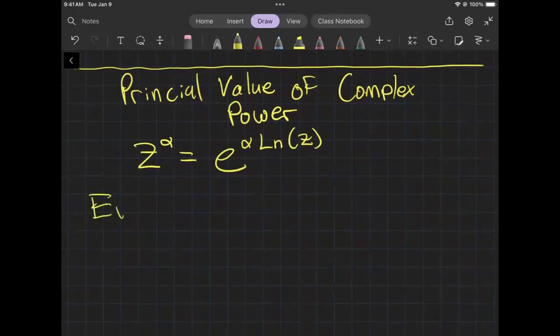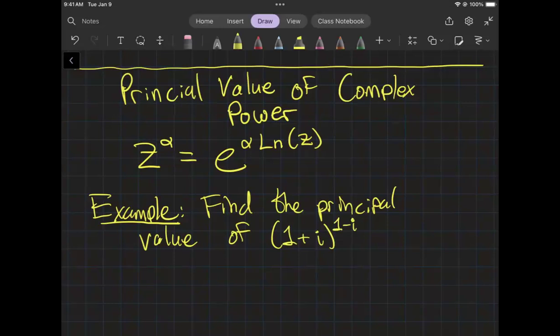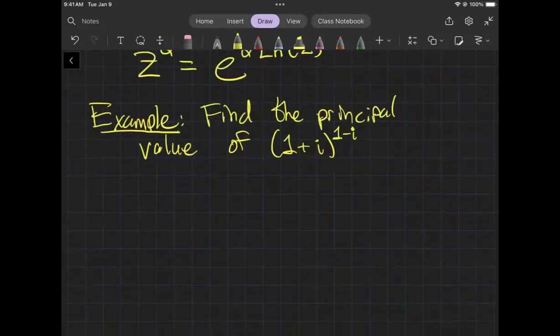So for example, find the principal value of 1 plus i raised to the 1 minus i. Pause the video and look at this example on your own.